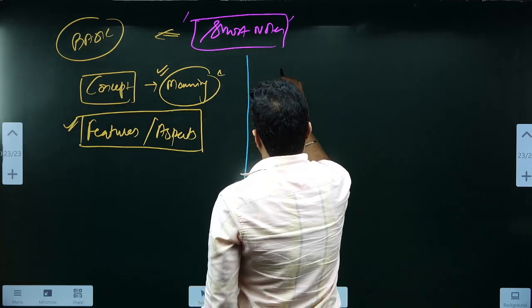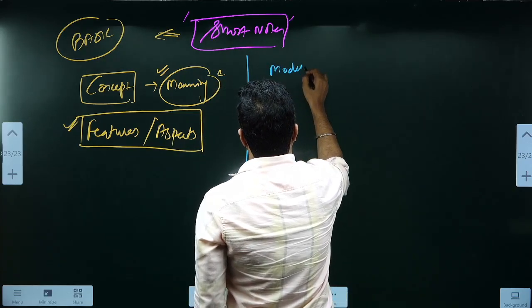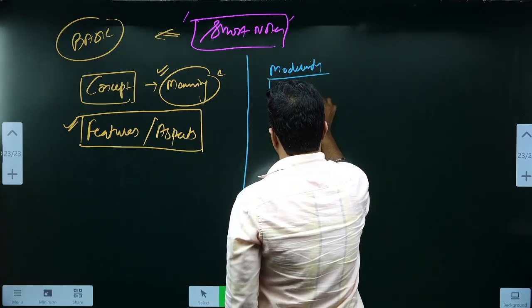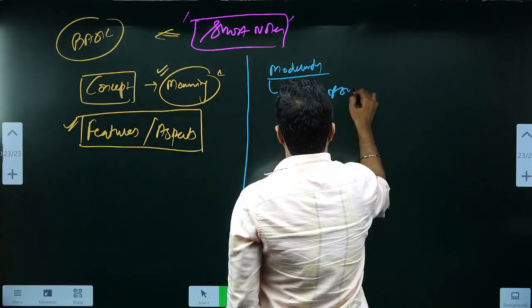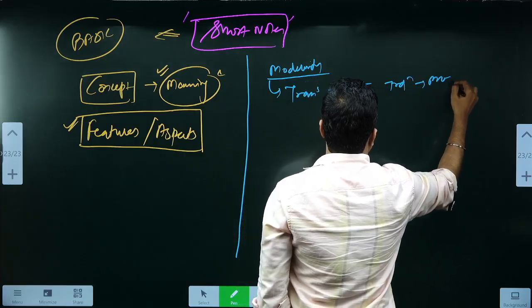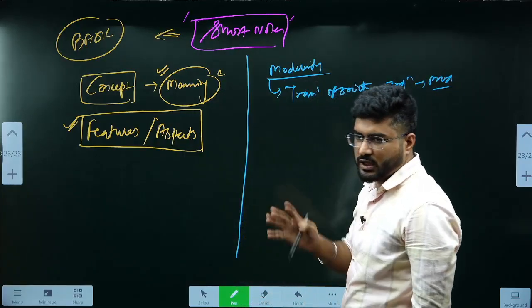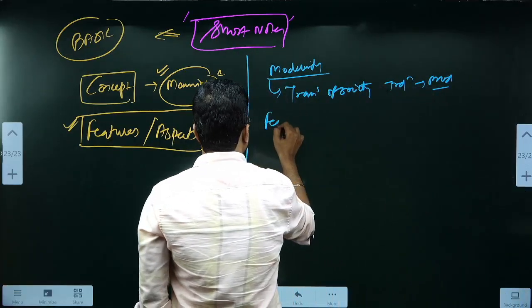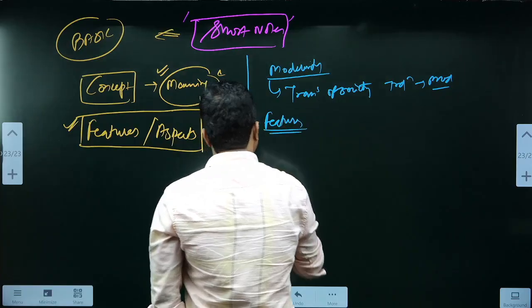If we are going to write about modernity, what is modernity? The basic meaning: the transition of society from traditional values to modern values. It's what modernity is all about. Give examples, whatever examples you have. Then come down to writing the features. What are the features of modernity?